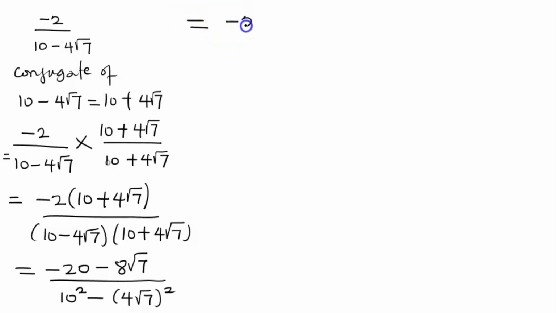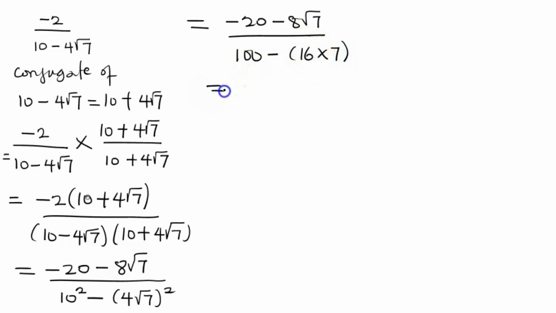We have minus 20 minus 8 root 7, divided by, this is going to give us 100 minus, this is going to give us 16 times 7. I believe we are understanding what I'm doing.